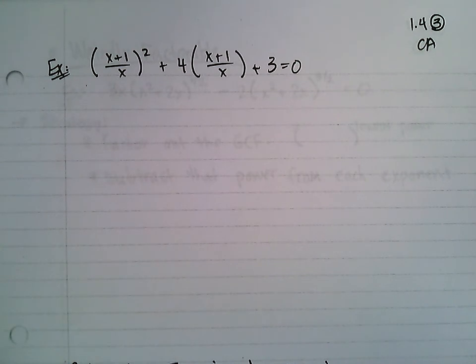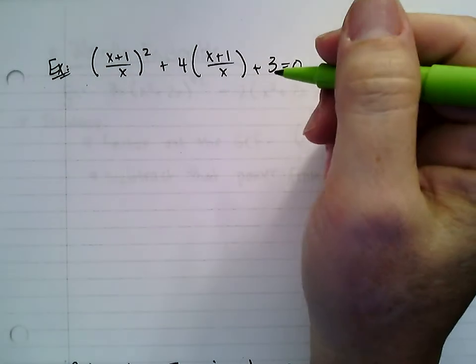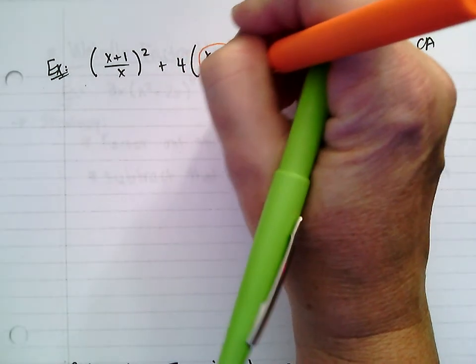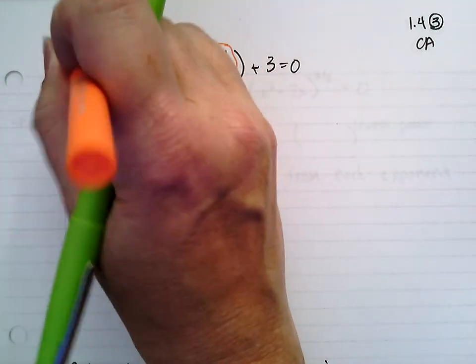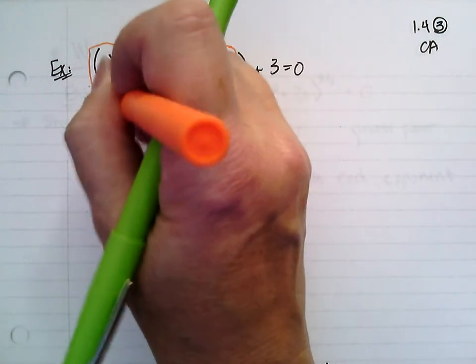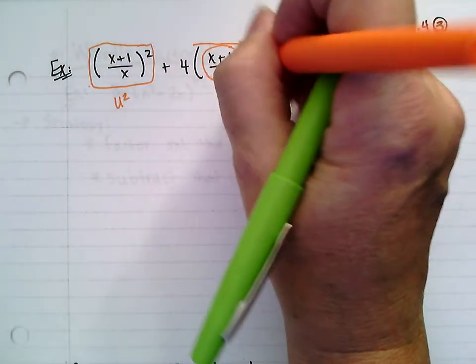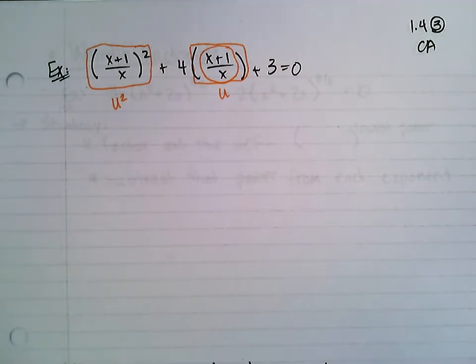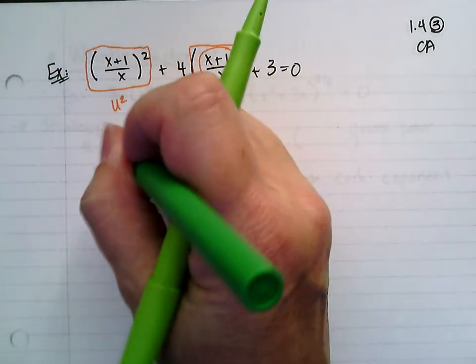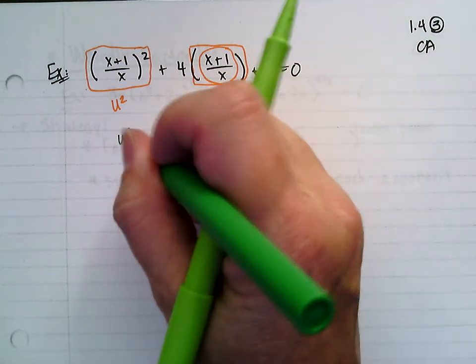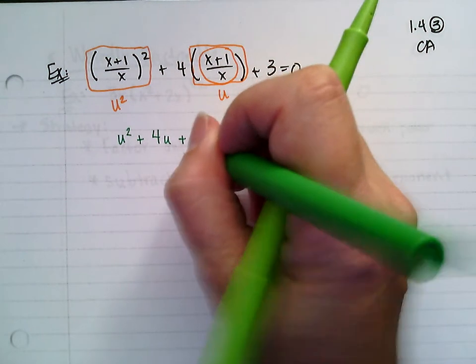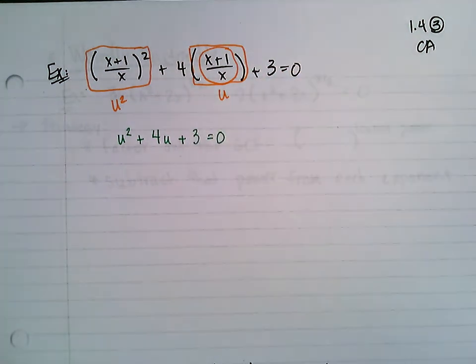So I'm going to replace this whole thing with a u and this whole thing with a u squared. I guess I could have replaced the whole parenthesis. So then when I rewrite my equation, it's going to be u squared plus, don't forget the coefficient, 4u plus 3 equals 0.